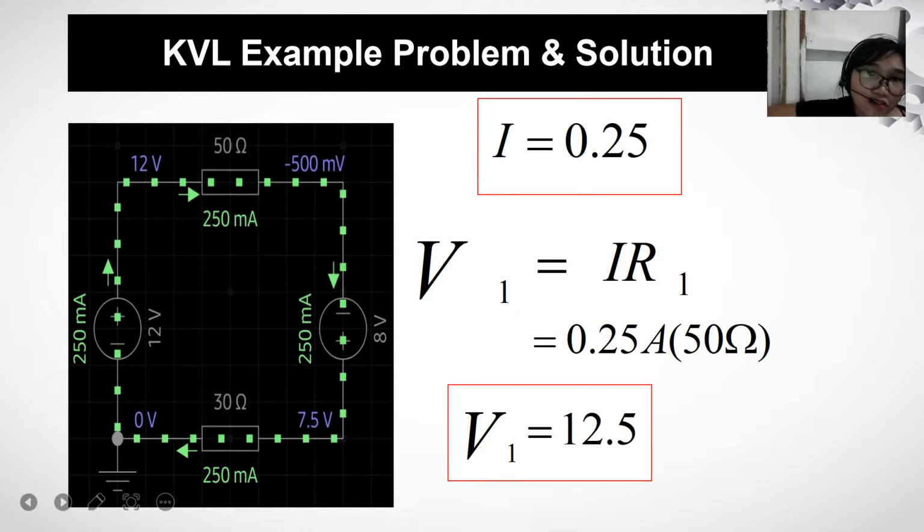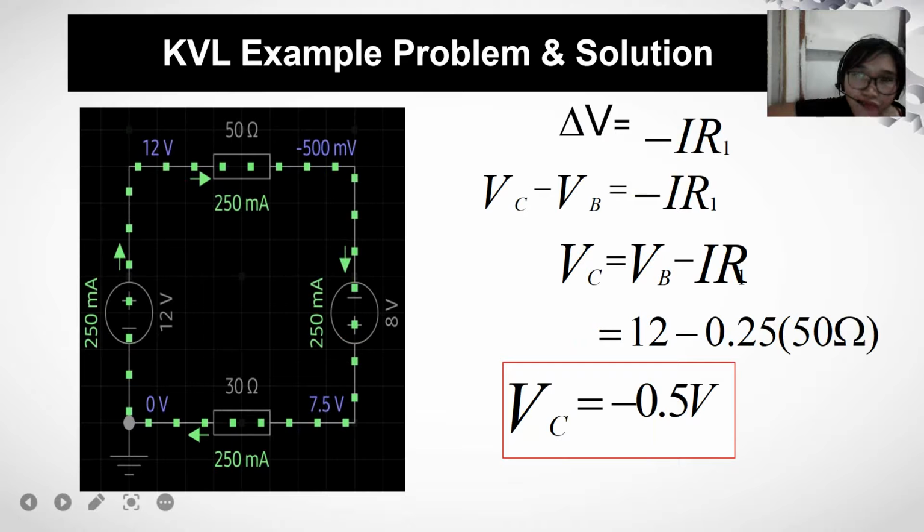So now we have the current value, we're going to find the voltage V1 on resistor 1. So we have 0.25 A times 50 is equal to voltage V1, which is 12.5.